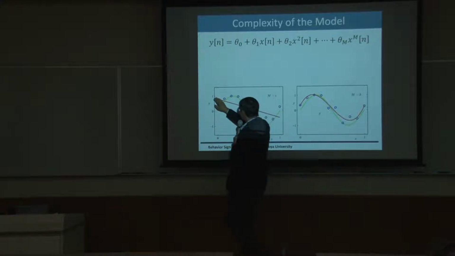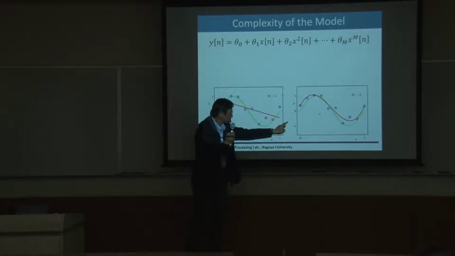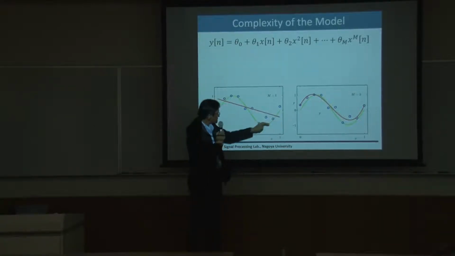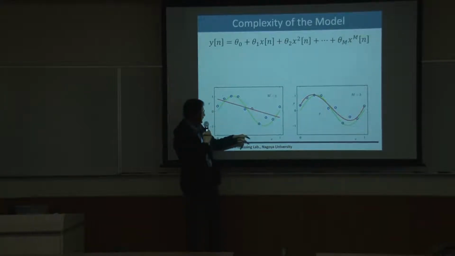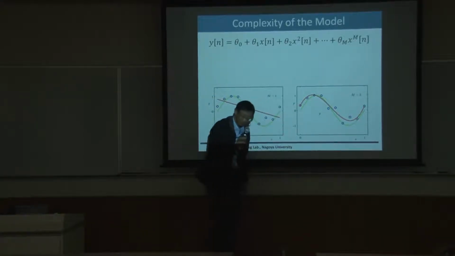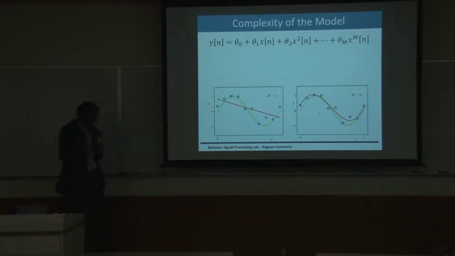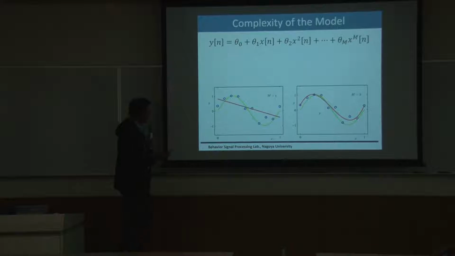In this case, it doesn't change so much, the deviation from zero. Therefore, of course, it is not good, but not so bad as this one, where it changes very rapidly. So again, this is your problem, this is your sense.